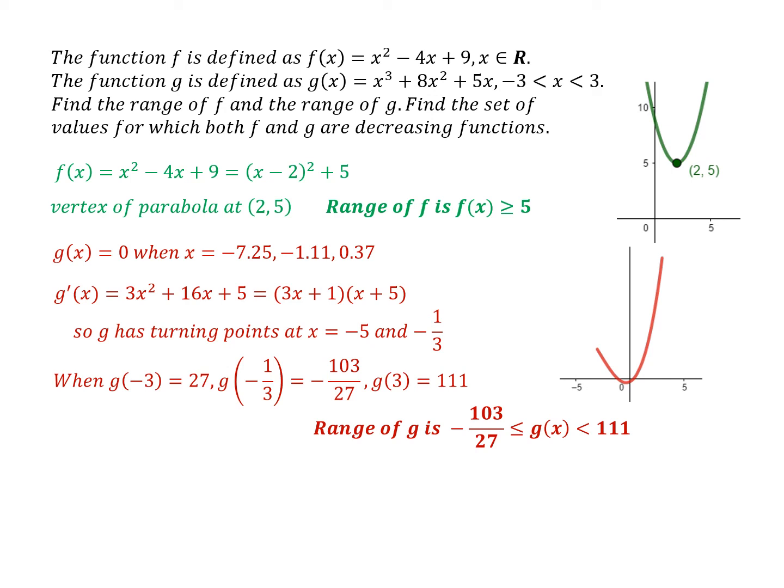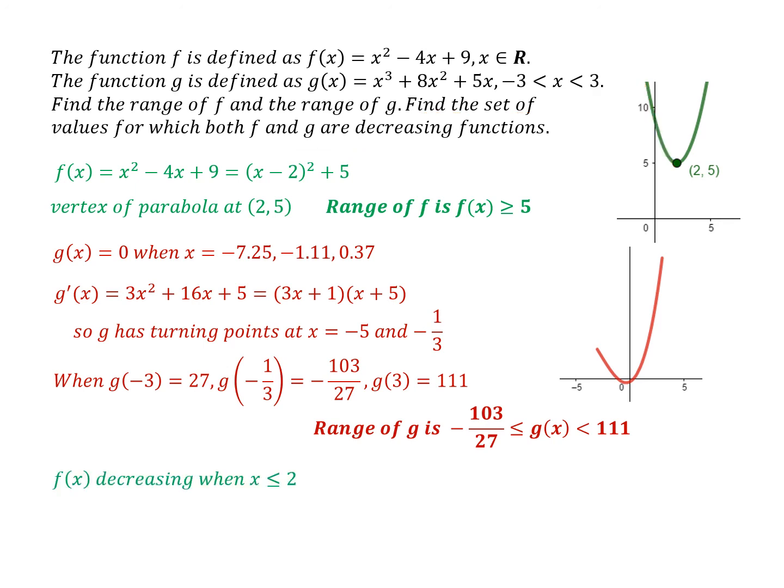Okay, so the final part of the question is to find the set of values for which both f and g are decreasing functions. So for f first, f of x is decreasing on this part of its function. So any value of x less than 2, or less than or equal to 2, would be a decreasing function.